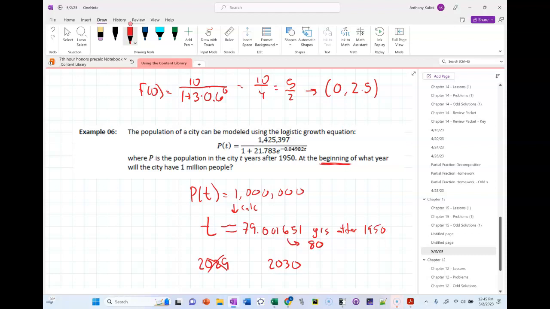Because if I round down, we'll be less than 1 million, even though everything in our instinct tells us, oh, I should round that to 79. The word beginning is telling us round up no matter what. So the real answer is 2030. Ha ha, I tricked you. I wasn't trying to trick you though. That's why I'm showing it to you, so I can't fool you more than once.